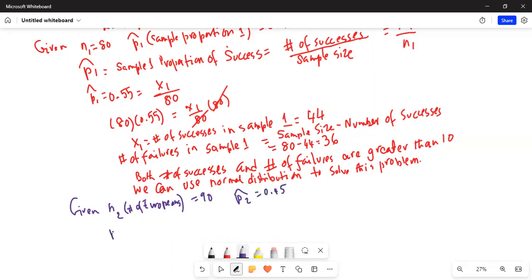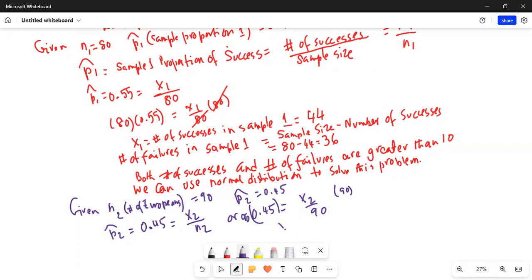So just like before, P2 hat is equal to 0.45, which is X2 over N2, or 0.45 is equal to X2 over 90. Now we multiply by 90 on both sides.